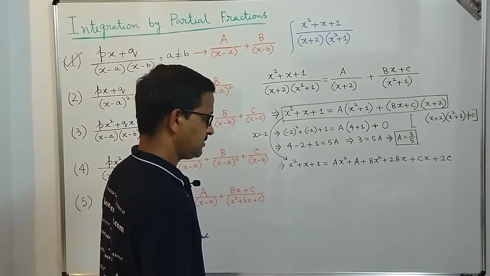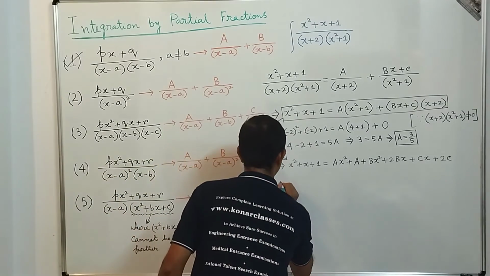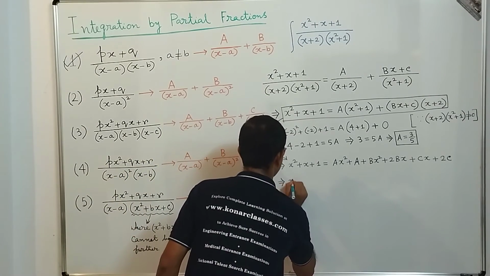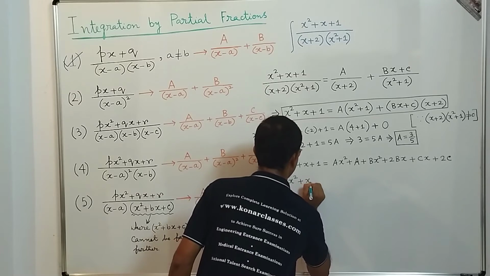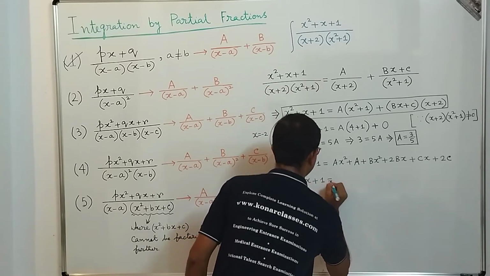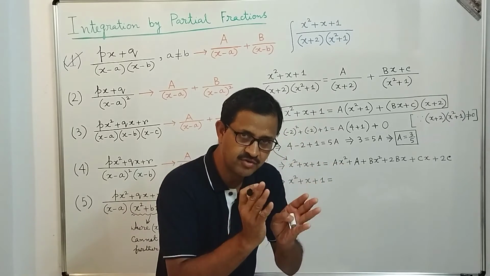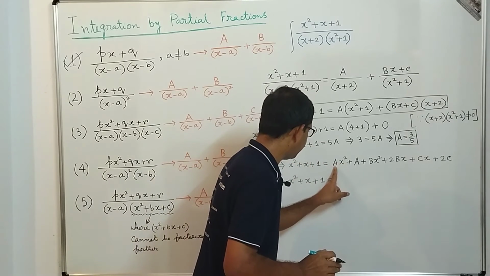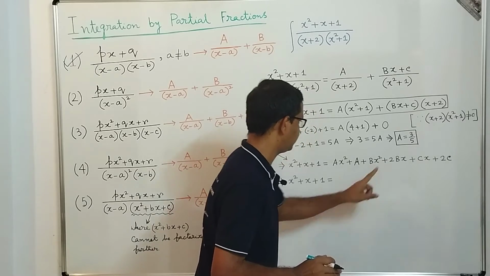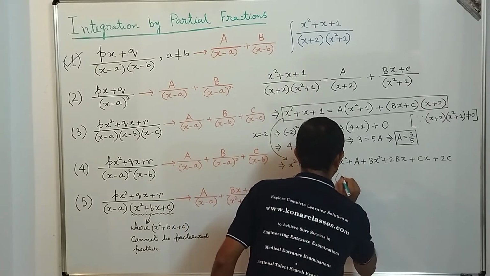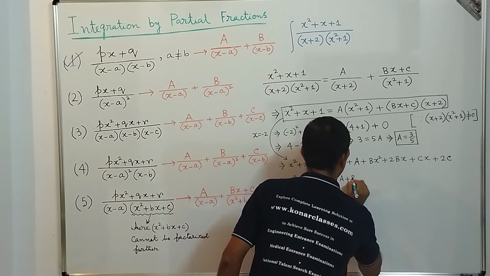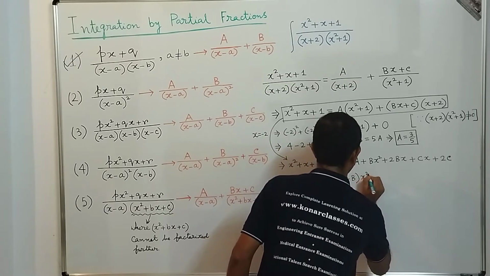So in the left hand side, let's write as it is, x square plus x plus 1, and in the right hand side, we club together the x square terms. X square terms is a into x square and b into x square, so it will be capital A plus capital B into x square.